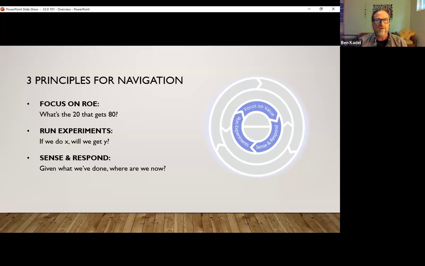And the first is they say focus on value. In Sociocracy 3.0, I redefine this as a focus on return on effort. Some people might know this as the Pareto principle or the 80-20 rule, but pretty consistently we get most of the bang out of some of the core, the first stuff that we focus on, the 20 that gets us 80.